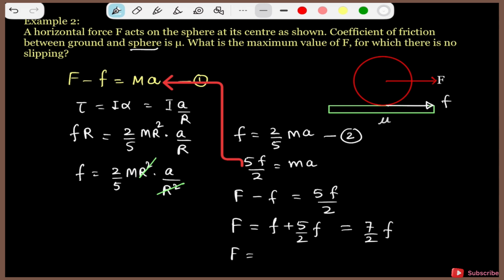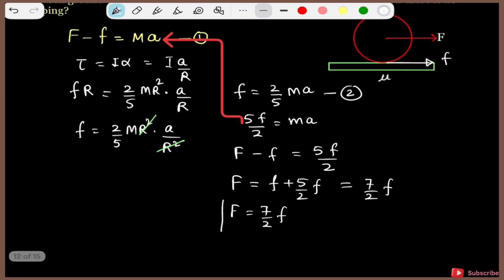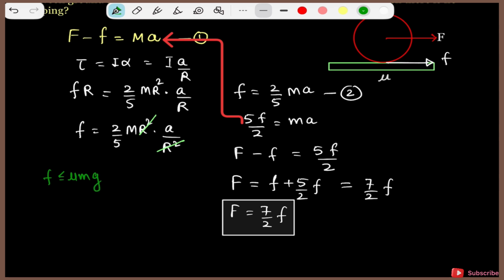So this is the external force which is acting on the body in terms of friction. But we are given mu, that is the coefficient of friction between the sphere and the ground. So we will write our equation in terms of mu. So guys, we know that friction is less than or equal to mu mg, right? And from this situation, we can write friction as 2F by 7.